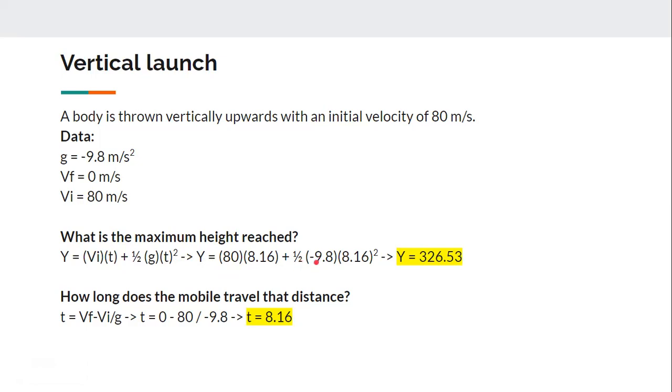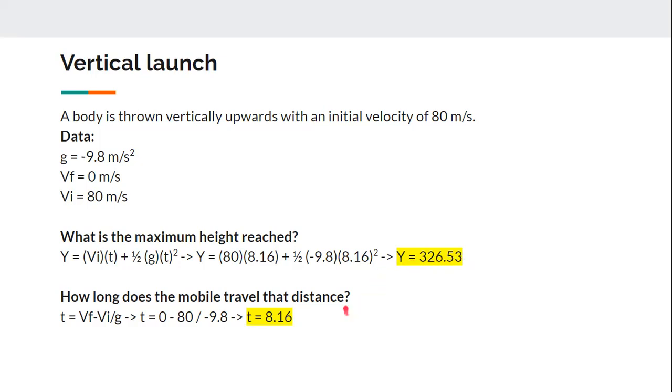The gravity in this case is negative 9.8 times 8.16 squared. And if you use the calculator to get it all together, we know that the height will be 326.53 meters. I forgot to write meters, but it is meters.